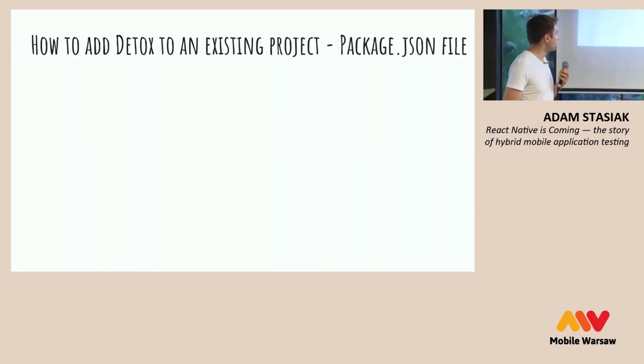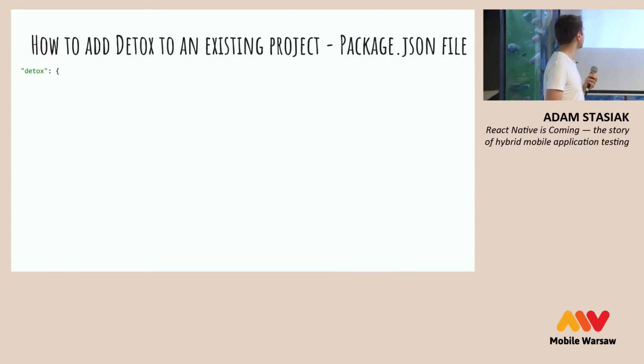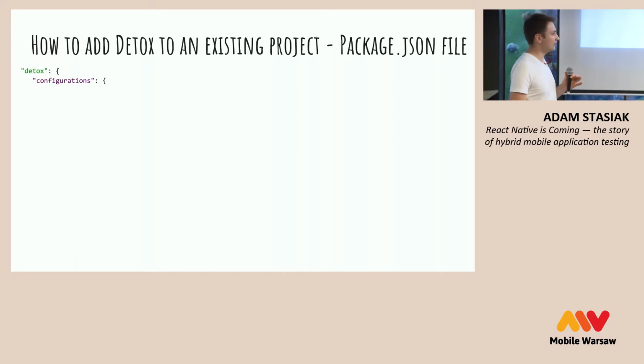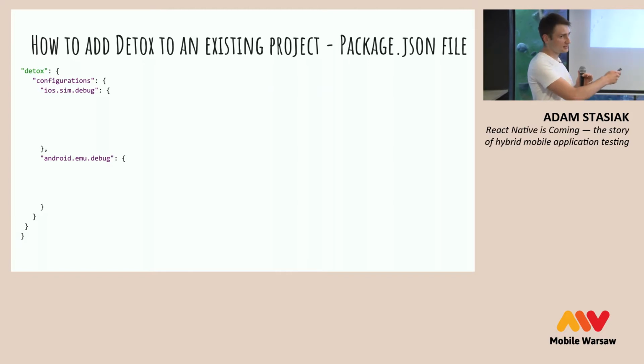First, we have to look inside the package.json file. package.json is a file inside a React Native project where we hold the configuration and some dependencies for our app. So we have to add a Detox section inside, and inside this section we have to declare configurations, one for iOS and one for Android. And inside those configurations, we have to declare the same fields.